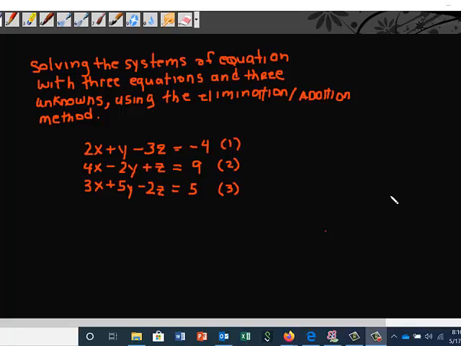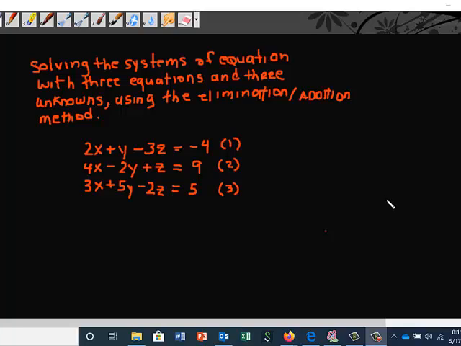So the first thing we want to do is try to eliminate the variables. As we eliminate the variables with the coefficients, we're able to simplify our system to a point where we'll come up with some solution for x, some solution for y, and some solution for z.